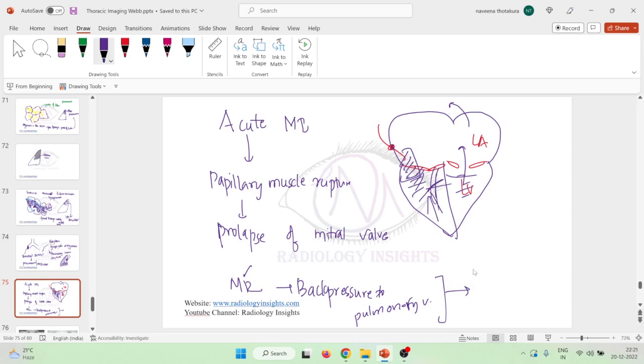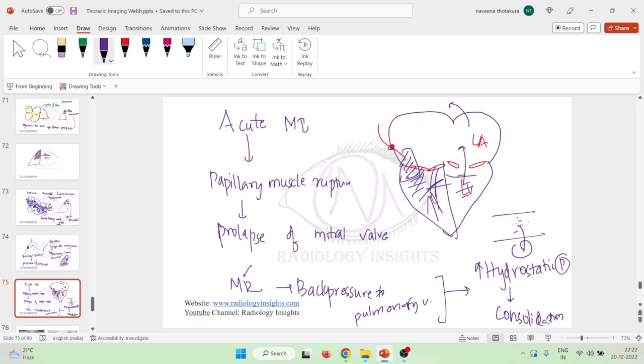Because of this back pressure to the pulmonary veins, there is increased hydrostatic pressure. That means in the pulmonary veins there will be increased blood. As a result, there is increased hydrostatic pressure in the pulmonary veins, so the water, the transudate, will reach the alveoli, resulting in consolidation of that particular lobe.